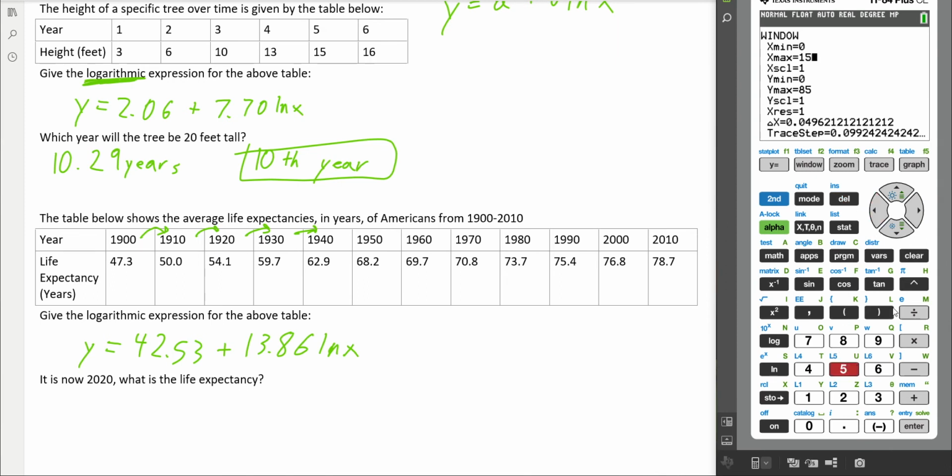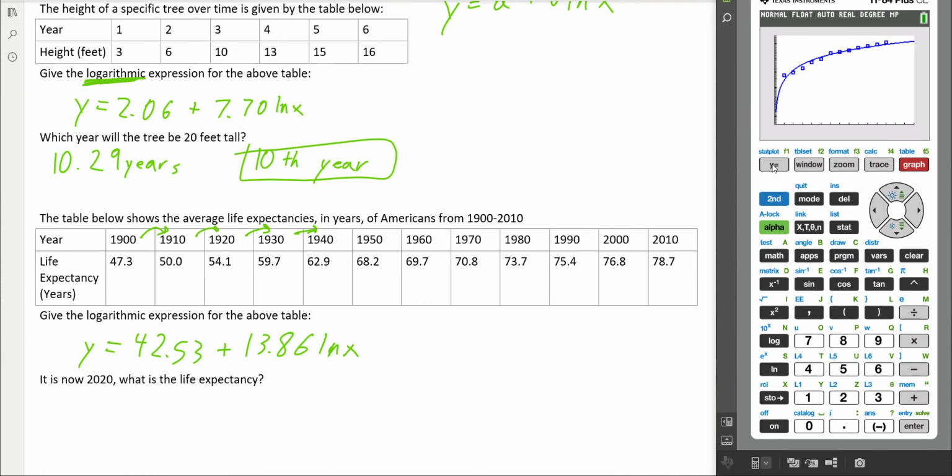Let's go with 15. Okay, that way we can see into the future a little bit. So we have some data here. I just changed my window settings to make it a little bit more pretty to look at. So it is now 2020, right? Well, it's actually 2021 while I'm recording this. But let's go with what if the trend continued, what would the life expectancy be?